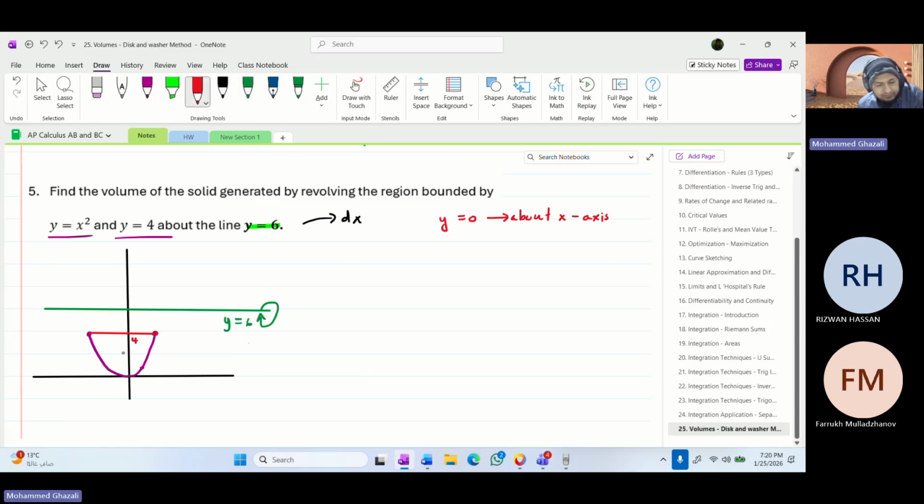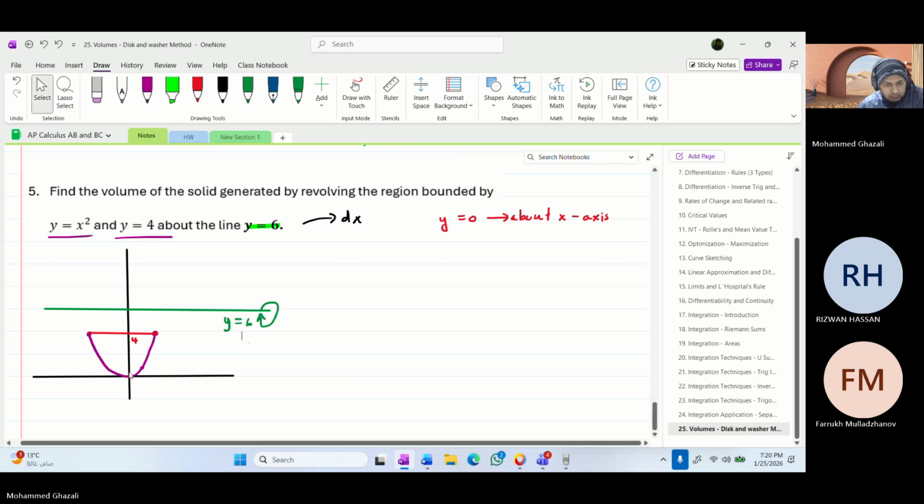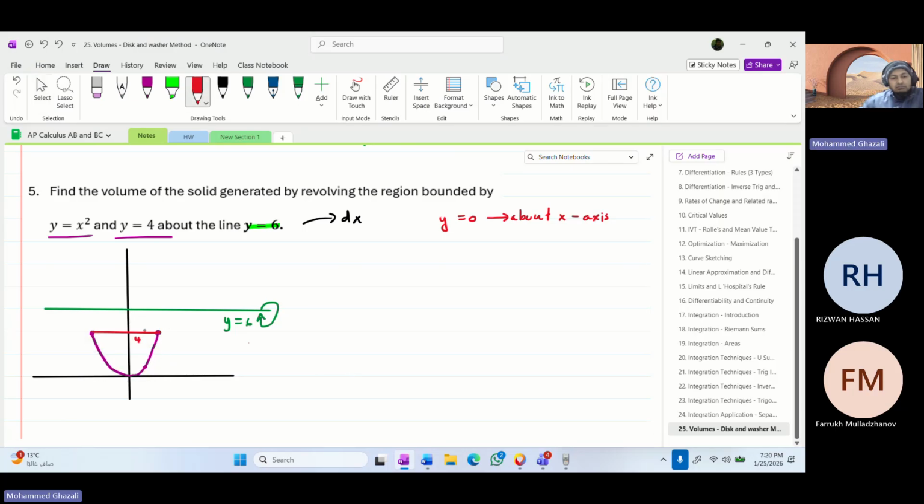So what you're going to do, one second, let me just, this is not looking symmetrical. A little bit more towards left. This should be fine. A little bit more. Okay. This is 6. Now you are rotating about this line.